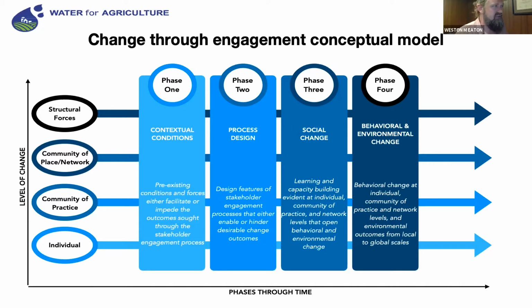We just want to say a few things about this, which is you start on the left, and then to the right as we move through time, these are the categories or buckets of things we want to be asking questions about to understand, does social change happen and does it relate to environmental and behavioral change? So under phase one, as we're bringing people together, they're not going to work in a vacuum.